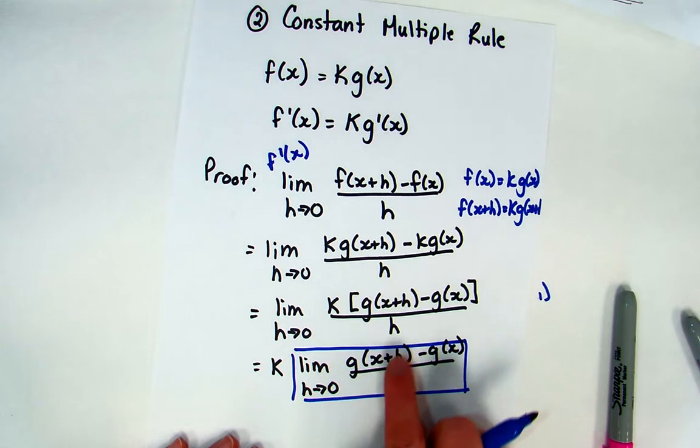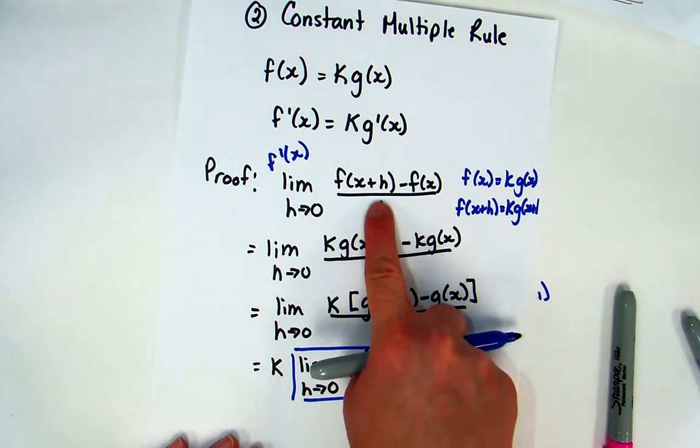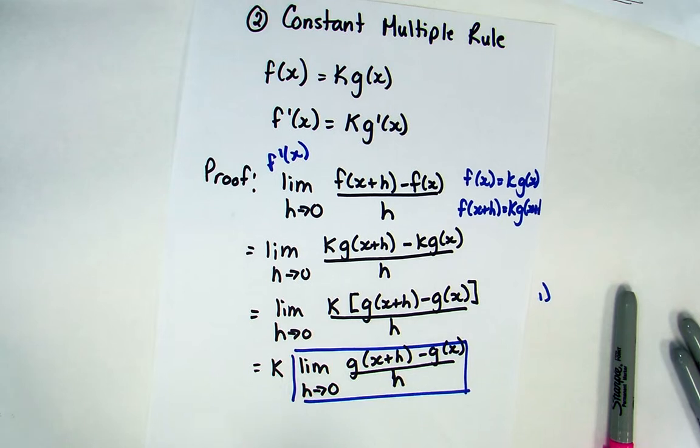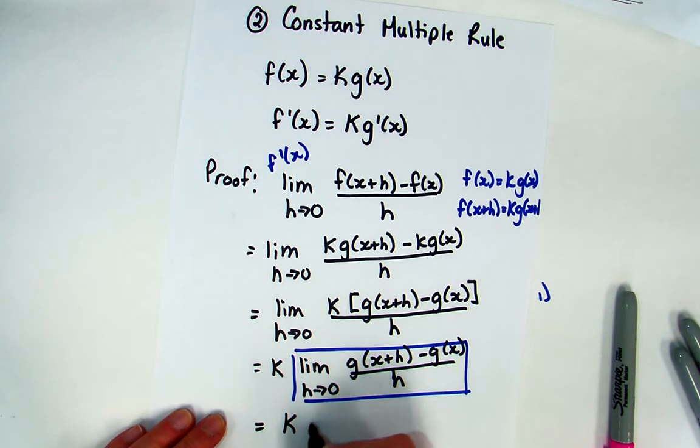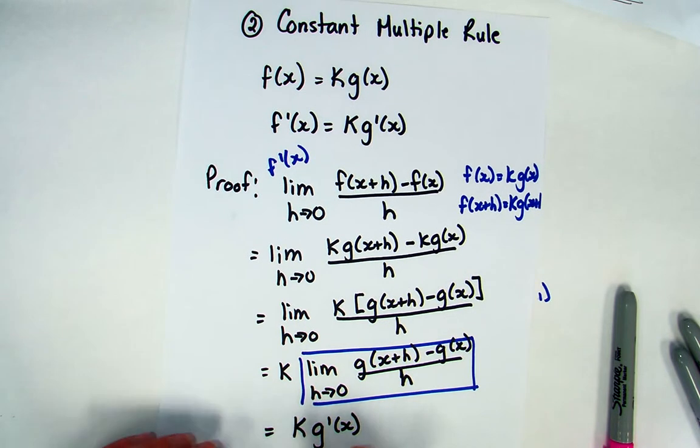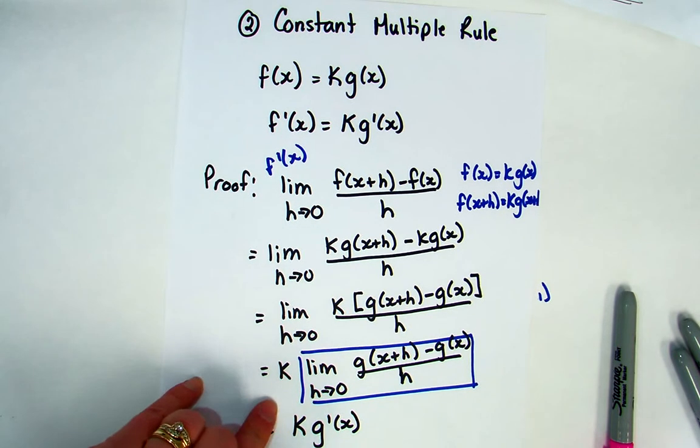It's the exact same, except instead of the function called f, we're working with the function called g. But by its very definition, this is equal to k times g prime at x. Now, this probably seems very theoretical right now because we're not working with functions. When I start to do examples after I've gone through the proofs, this should start to make more sense.